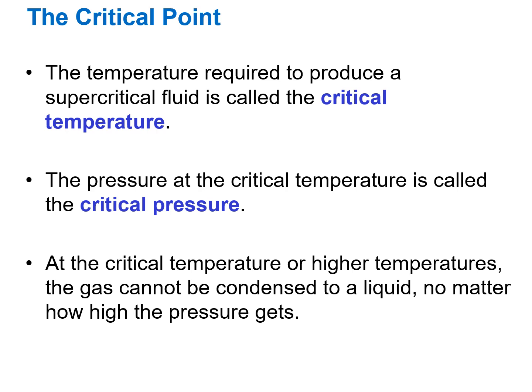You have to have a pressure called critical pressure in order for this to happen. And what's happening when you have achieved critical temperature and critical pressure is that if you were to add more pressure or higher temperatures, the gas would not be condensed into a liquid no matter how high that pressure got. You would maintain this supercritical fluid.